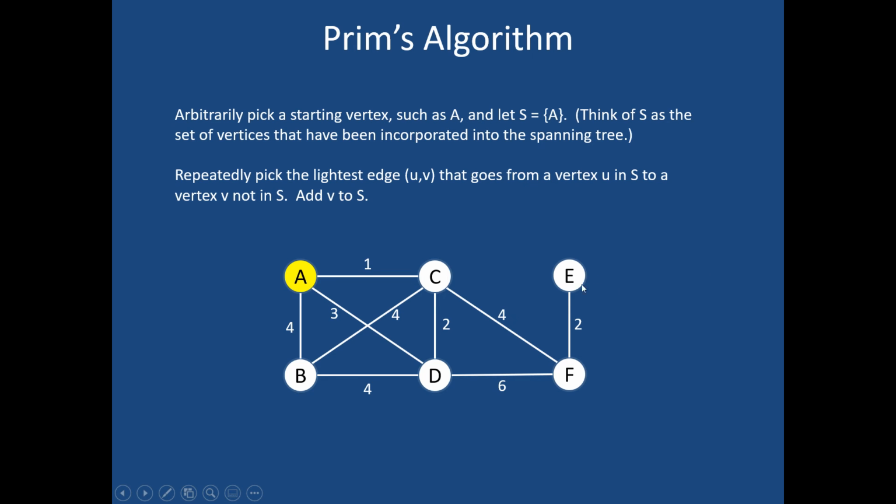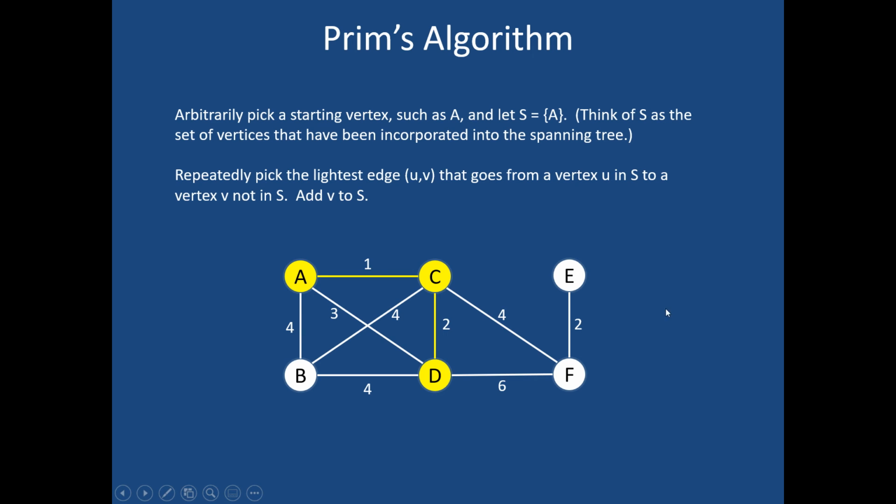At any given time, we're going to pick the lightest edge that goes from a yellow vertex to a white one, that goes from the vertices that we've seen so far to one on the fringe. So which would happen first? A to C. Now there are two, those are connected. So which would we do next? C to D would come.